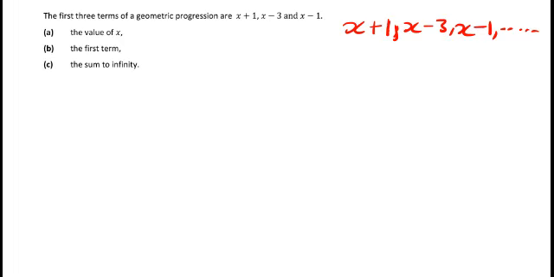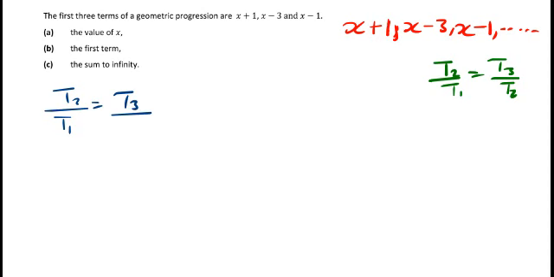So how can we find the value of x? Remember, we can use the common ratio method, understanding that t2 over t1 is also equal to t3 over t2. So you say t2 over t1 equals t3 over t2.